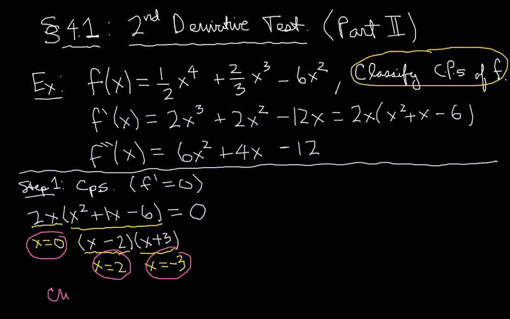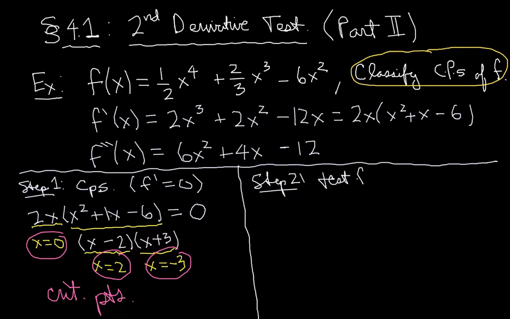So that's the first step, and now what's the second step? We're going to just take these values and test them in the second derivative. So step 2 is going to be to test f double prime of c.